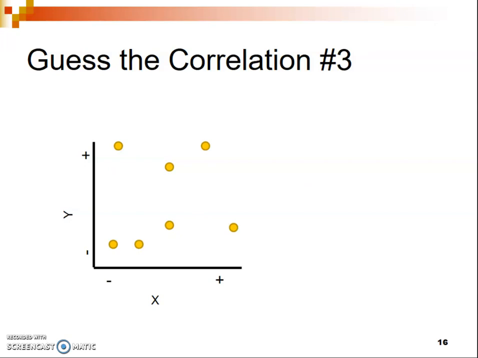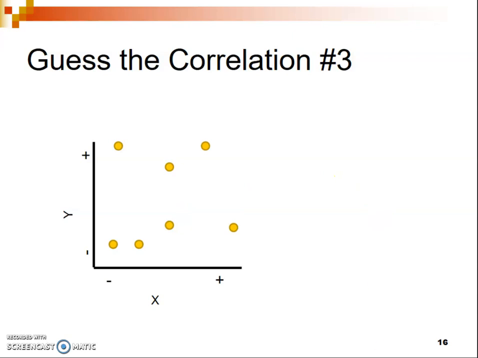Let's try this one. Here's another example. We have a whole bunch of data points that are all over the place. Looking at this, it's quite difficult to make sense of these data points. There doesn't seem to be any consistent trend. Maybe if these two didn't exist, it would be a positive trend, but it's hard to find a line that best describes all of these data.